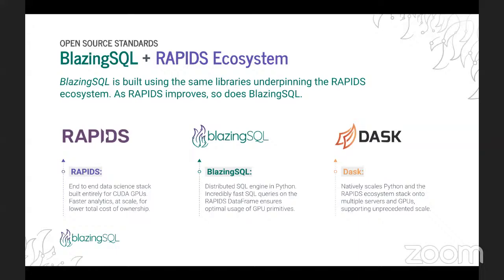Any call to BlazingSQL will execute on the GPU. If your data doesn't fit on a single machine, or you need more processing power, you can use Dask to distribute that to hundreds, if not thousands, of machines fitted with GPUs. It can be machines that have a single GPU in a box or multiple GPUs in a single worker.